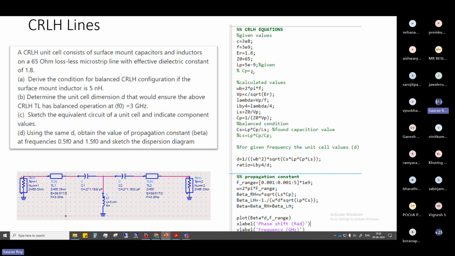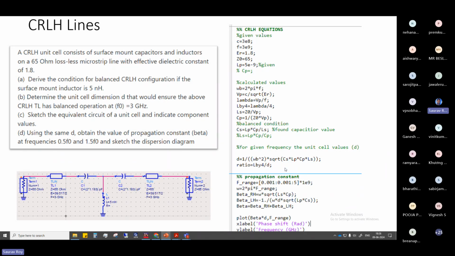CP is what we have to calculate, the shunt capacitance, as well as the series capacitance. If you see, CS·LS equals LP·CP was the condition for balanced. From that you will find the value of CS, which is 2.2 into 1.183 picofarad, found through this equation.